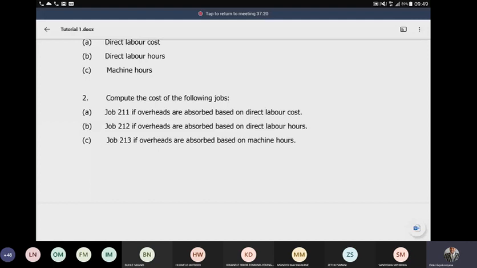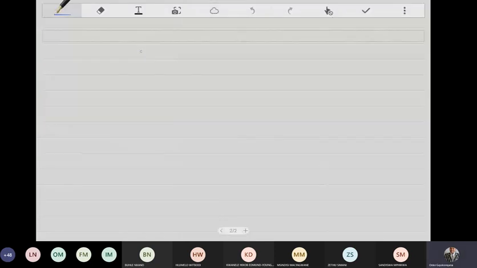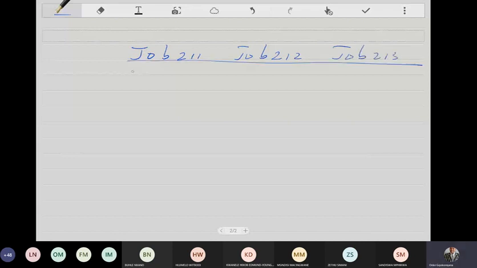So we've got 211, 212, 213, and we can combine them at the job. These are the jobs that we're working out for their cost.